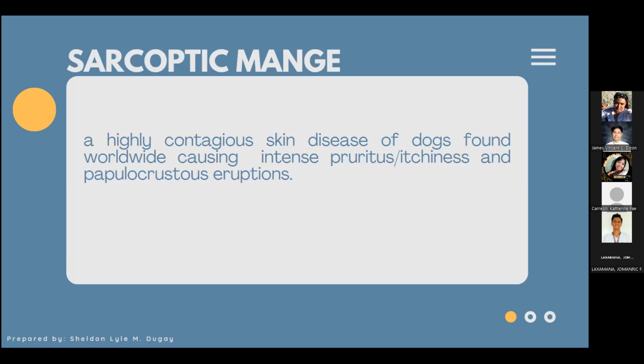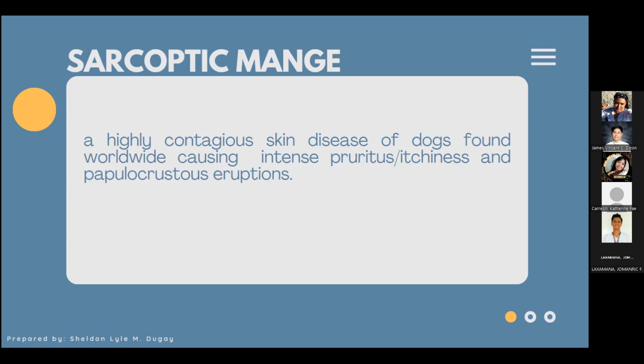So sarcoptic mange is a highly contagious skin disease of dogs found worldwide, causing intense pruritus or itchiness and papulocrustous eruptions. So ang meaning nito is sobra-sobra yung pangangati ng mga aso kasi grabe yung irritation kapag may sarcoptic species tayo sa isang animal.